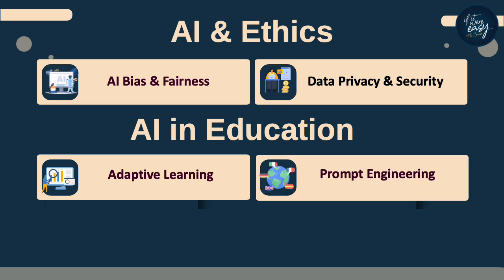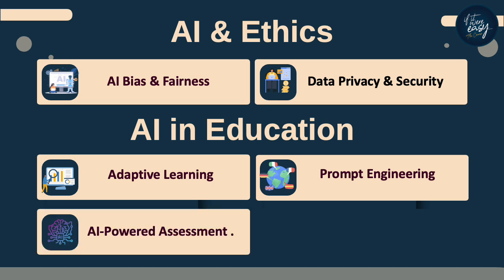The next is prompt engineering, and this is a key skill because it helps you get the best results from AI. Simply put, prompt engineering is the questions that you ask AI in order to get the best results. So, whether it's lesson planning or student support, prompts are important. Now, AI-powered assessment can really help you to get instant feedback for your students.